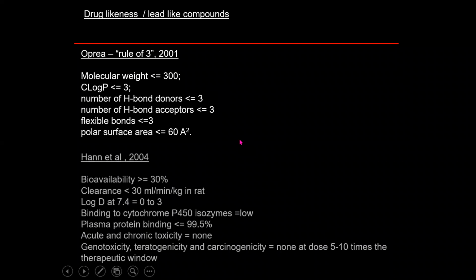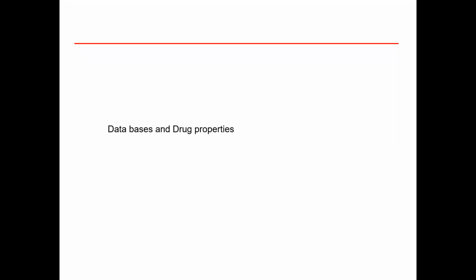So many rules are there. If you have a molecule, you can check using Swiss ADME whether it satisfies all the rules. There are many softwares which can do this. I showed you another software also, which can check various properties.